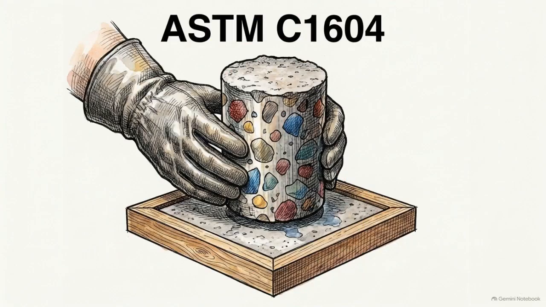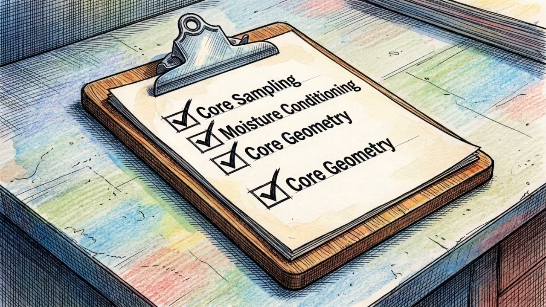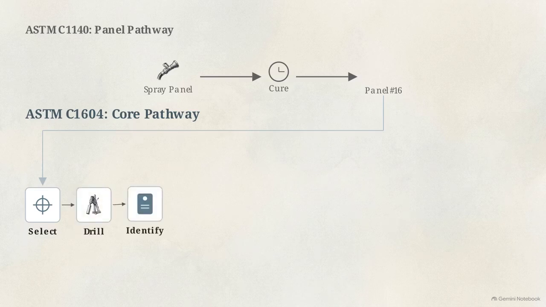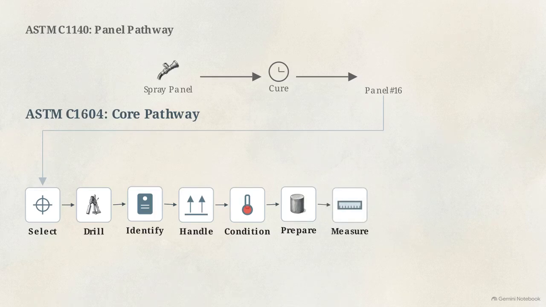Once the specimen is extracted, the governing rules shift to ASTM C1604. Here, the job task analysis tests your knowledge of proper core sampling, moisture conditioning, and specific core geometry. This initiates a new procedural sequence. Select the location, drill the core, identify it, handle it carefully, condition it, prepare the ends, measure, test, apply corrections if required, and report.